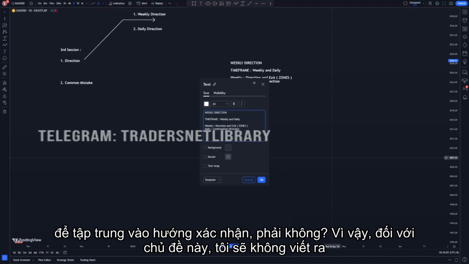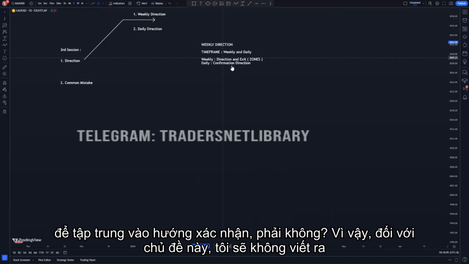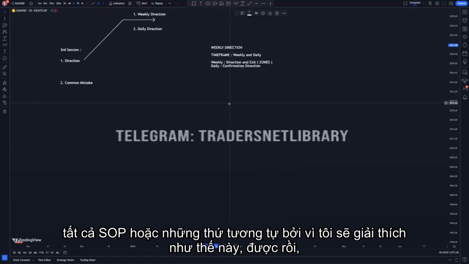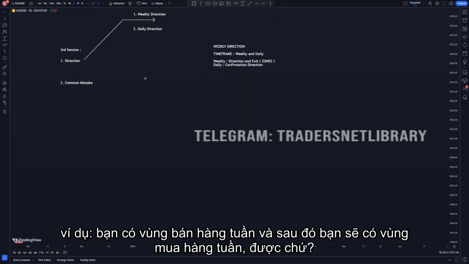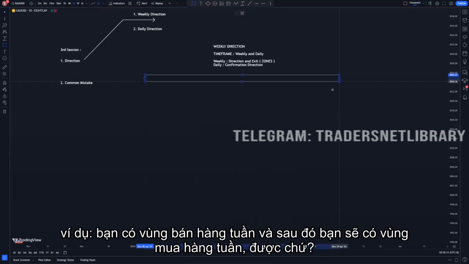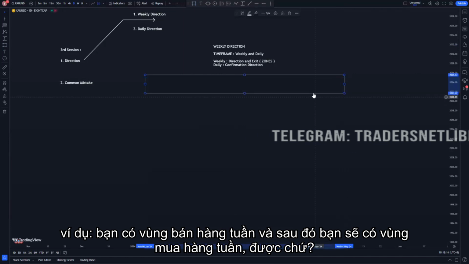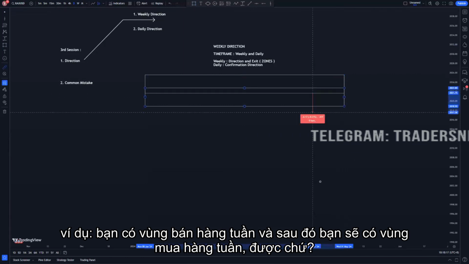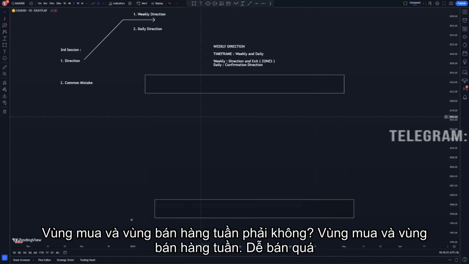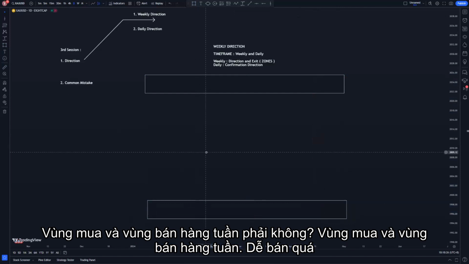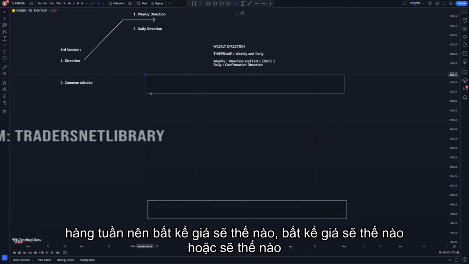For this topic, I'm not going to write down all the SOP, I'm just going to explain. For example, you have a sell zone of weekly and a buy zone of weekly. For example, sell on weekly.